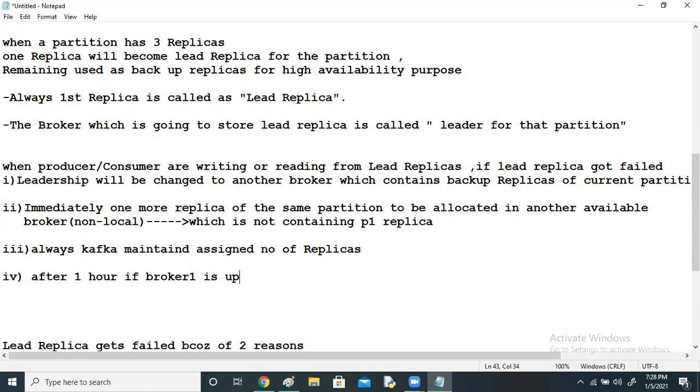No. Its leadership is suspended. It won't be the leader for that partition.